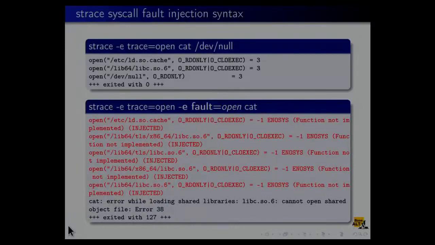In the top box, you see a traditional output, and in the bottom box, something with fault injection. So let's filter all open syscalls of this trivial command, and let's fail them all.